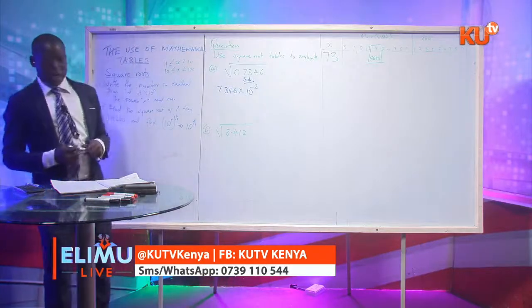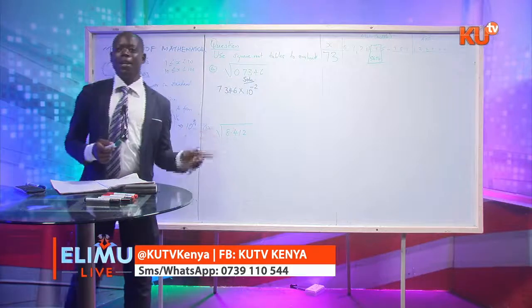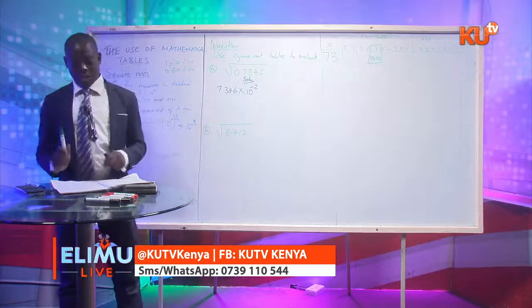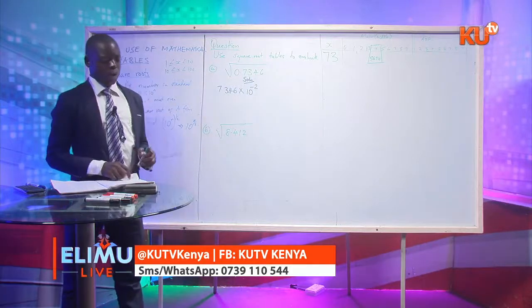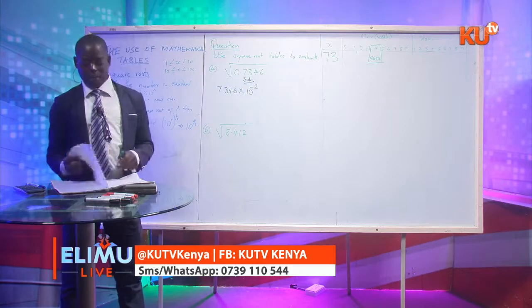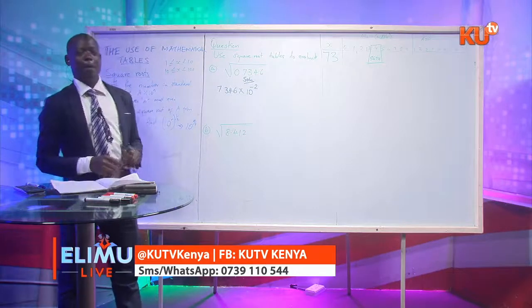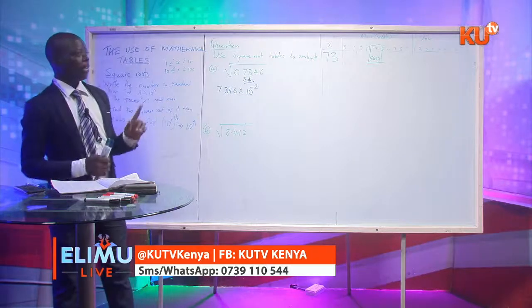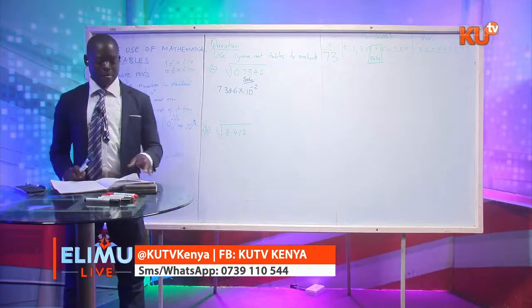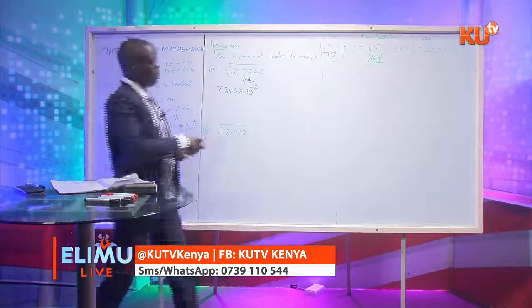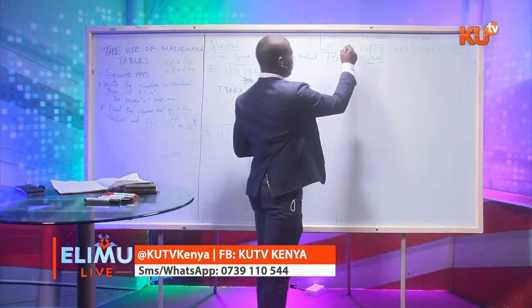But remember, unlike in the columns for squares, in square roots, we are not given the decimal points in the main column. But the first value before the decimal point is captured in the first case where we have 0.0.